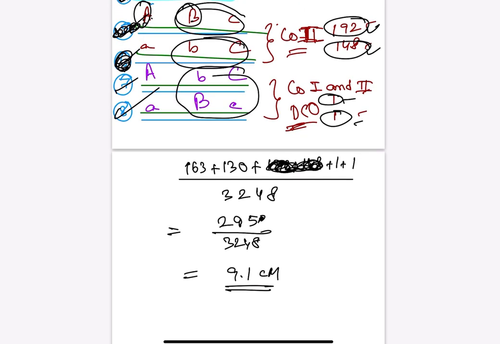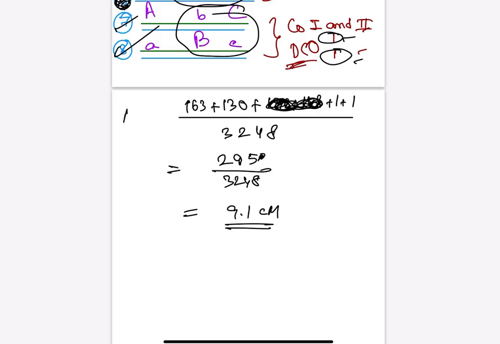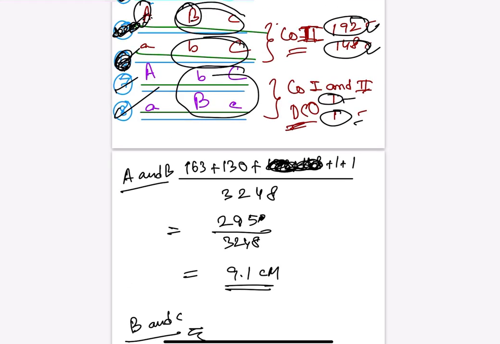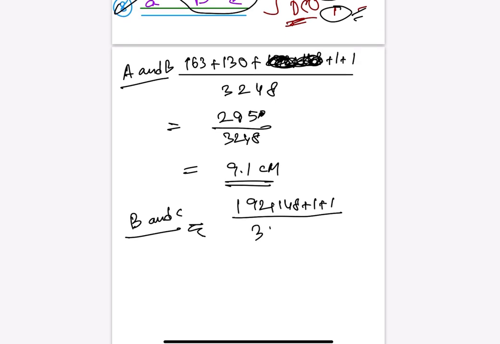So what is the recombination frequency between B and C? It is here 192, 148, 11, divided by the total number. Total is same, 3248. It becomes 10.5.